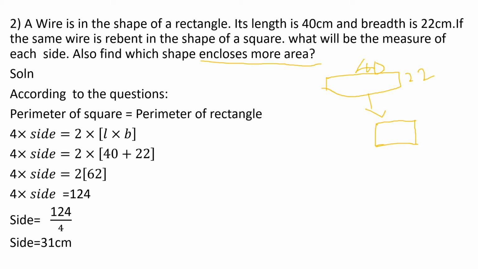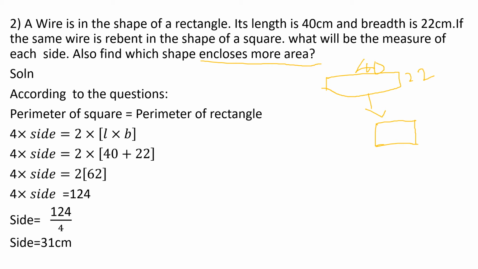Is it clear, children? So they have taken a wire and they have made first what shape? Rectangle shape. And what are the length given? They made a rectangle shape. So length is 40 centimeter and breadth is 22 centimeter. The same wire again they rebent to square shape.